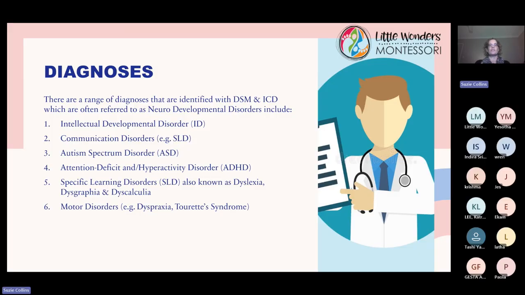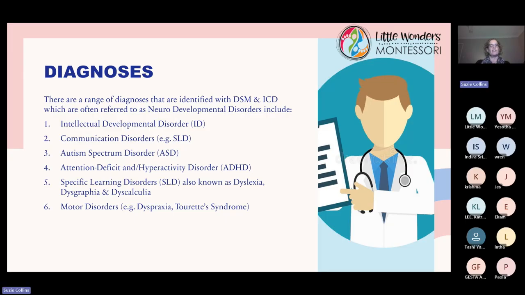These might be children who have some difficulties with learning or their intellect, so difficulties with reasoning and doing things quickly. The second could be some type of communication disorder. There are a few different types, but the most common one is probably a speech or language disorder, where there might be some difficulties in how they're speaking or the development of their language skills.